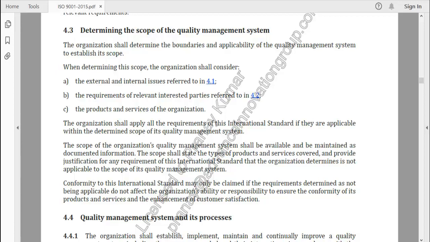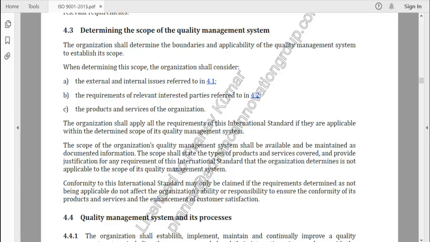I recommend that you go through my video on clause number 1, where I have mentioned the basic conscience of ISO 9001. For me, the three driving elements of ISO 9001 are: first, the demonstrable ability to meet the requirements as laid down by a customer and the statutory and regulatory requirements; and second, your ability to enhance customer satisfaction through the effective application of the system and improvement of the system.